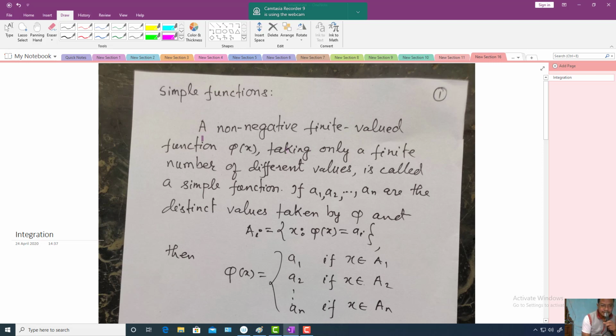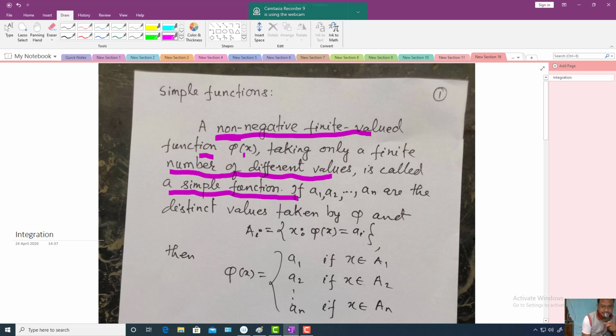Very important: a non-negative finite valued function phi(x). Finite valued means phi(x) doesn't take infinity or minus infinity, and it takes only a finite number of different values. Then it is called a simple function.